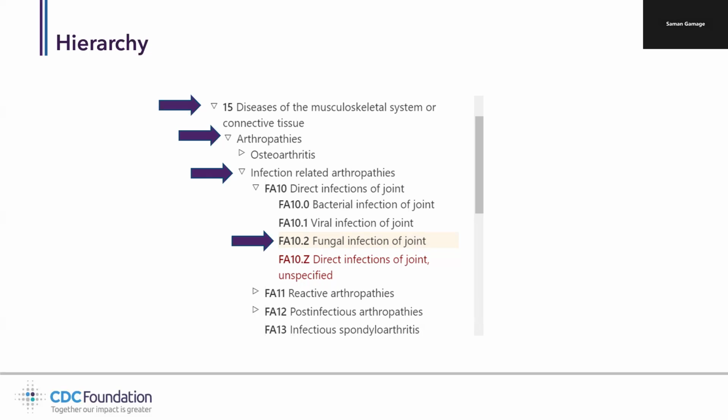FA10.2, fungal infection of joint, is in the lower level of the hierarchy. But we have infection-related arthropathies at a higher level and arthropathies at an even higher level, and then the highest level of hierarchy in this chapter is the chapter level.